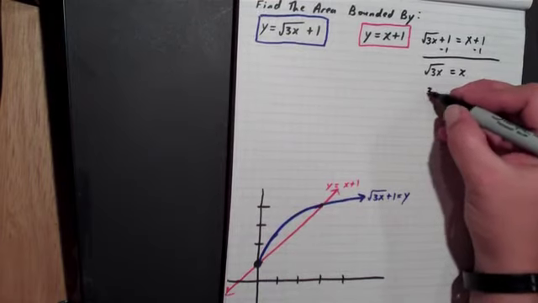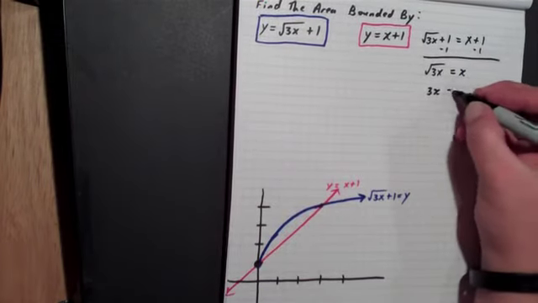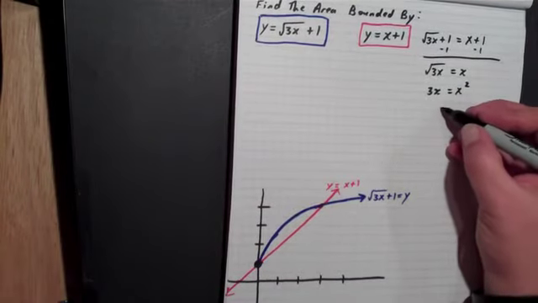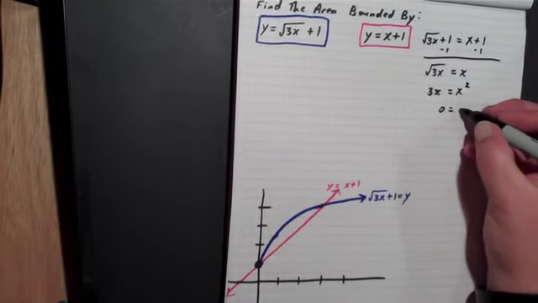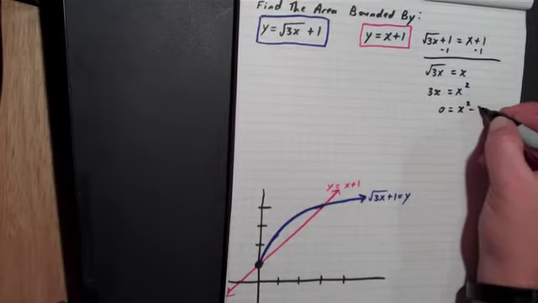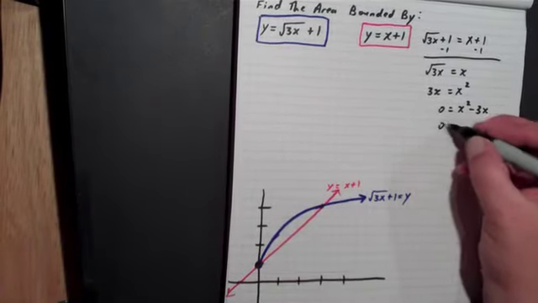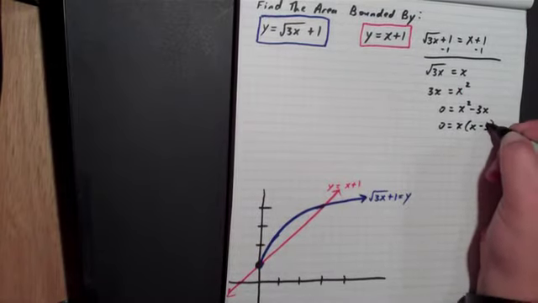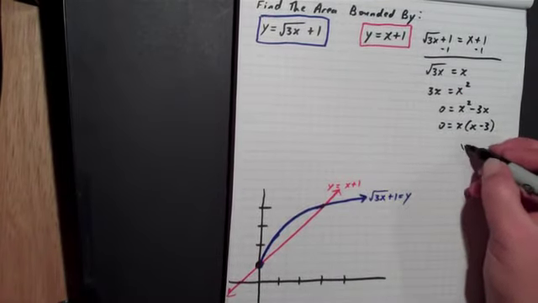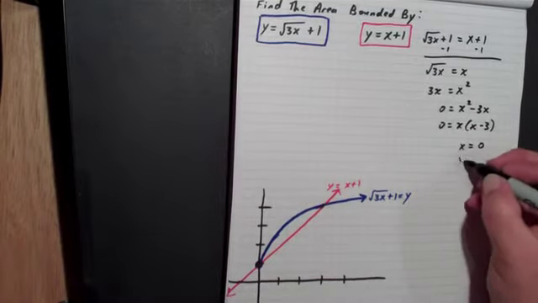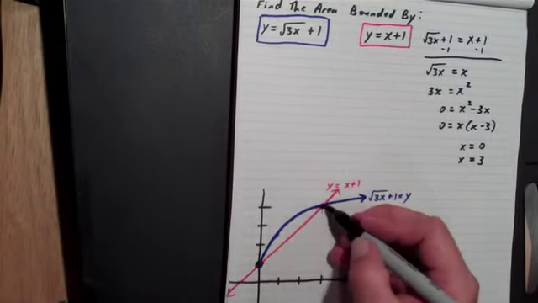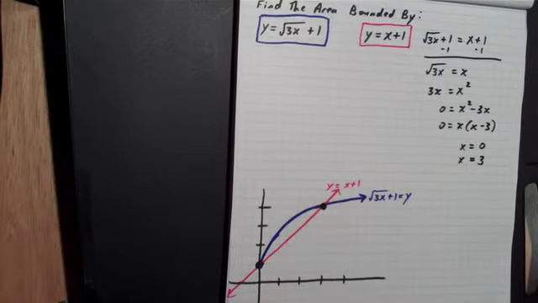So that was square the square root, gets rid of that. Square this side gives me x squared. Again, I always make them equal 0. So I would subtract 3x, factor out an x, and notice the two x values that they meet at would be x equals 0 and x equals 3. I kind of determined that already just by simply plugging in some integer values.